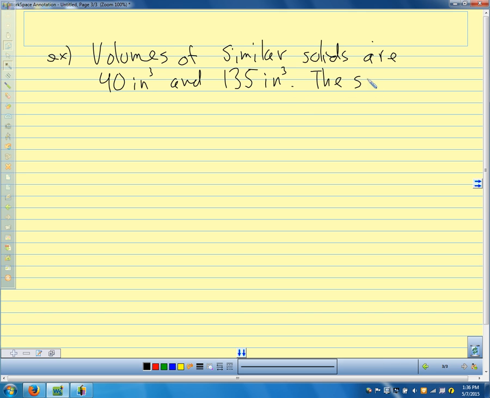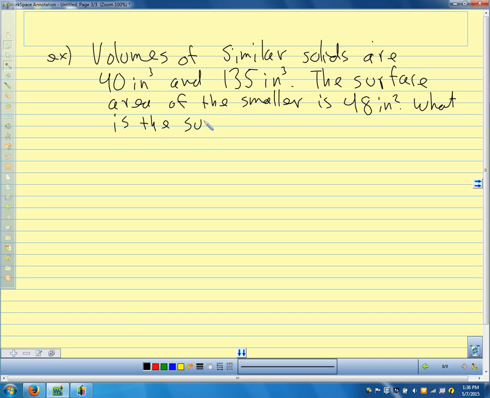The surface area of the smaller is 48 square inches. What is the surface area of the larger? So there's our question, there's our problem.